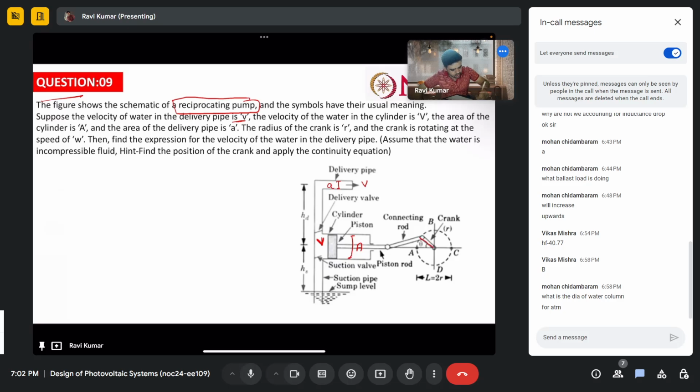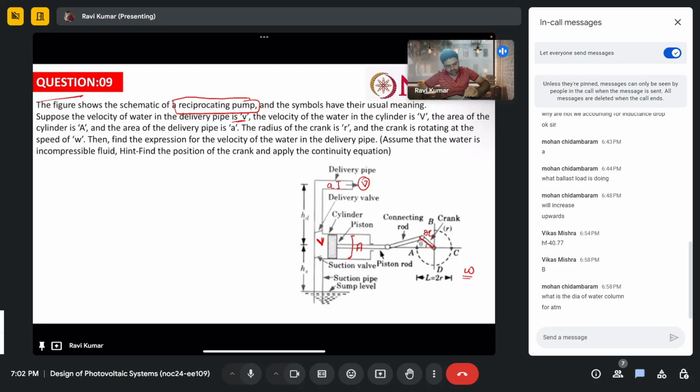This is our R. And it is rotating with the speed of W. We usually say omega, but here W. Find the expression for the velocity of the water in the delivery pipe. So you need to find this small v. Assume that the water is an incompressible fluid.